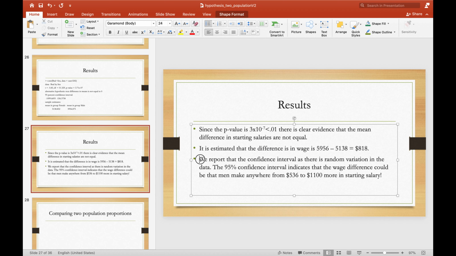The confidence interval tells us how much the difference in salary could be. Okay, so both hypothesis testing and confidence intervals are really useful here. And I hope that you can see some practical application for comparing two populations, because they're used all the time to answer questions. Thank you very much for joining me.